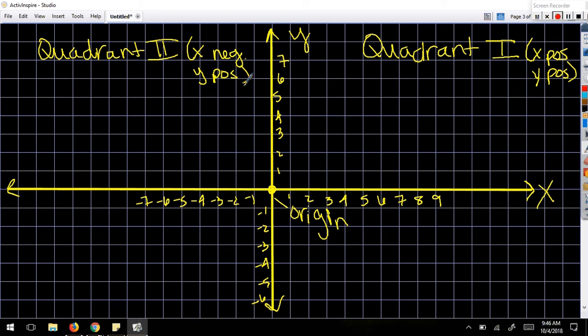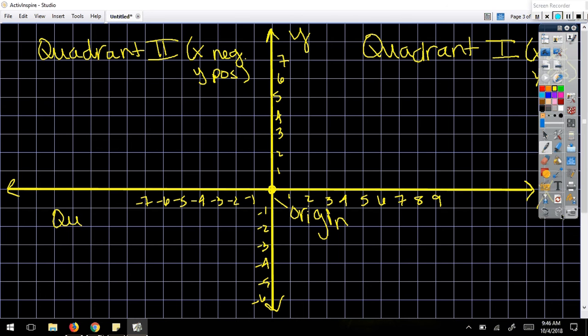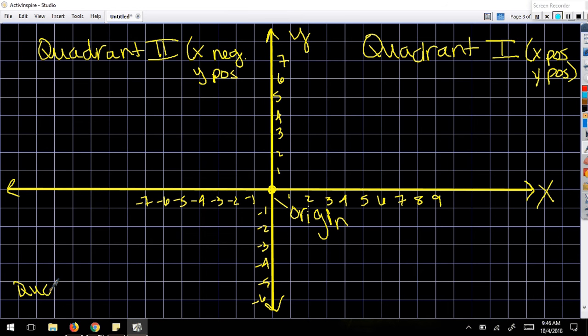Which one is quadrant 3? Where do I go for 3? Bottom left. In quadrant 3, everything is negative.